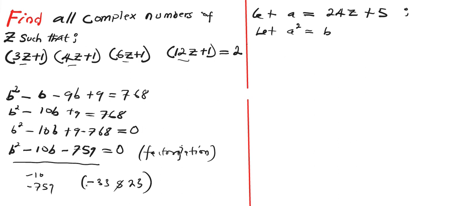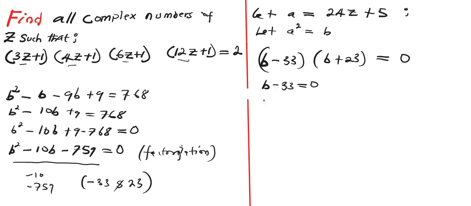If we substitute these two factors, negative 33 and 23, into this equation, we are going to have (b - 33)(b + 23) = 0. If we equate each of these, we have b - 33 = 0 and b + 23 = 0. Therefore b = 33 and b = -23.